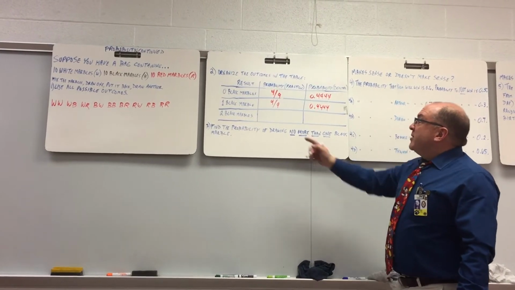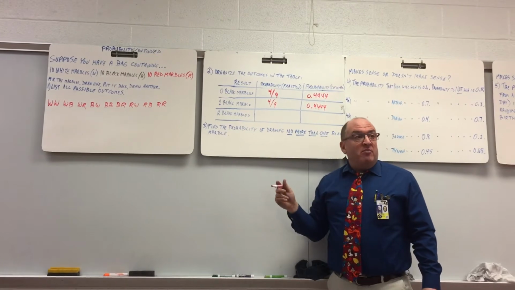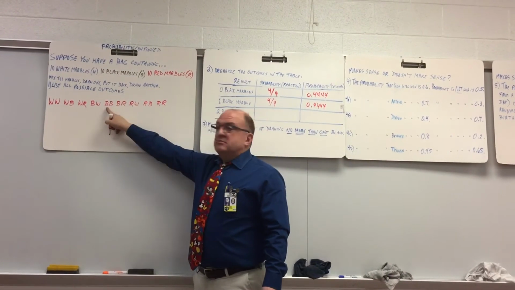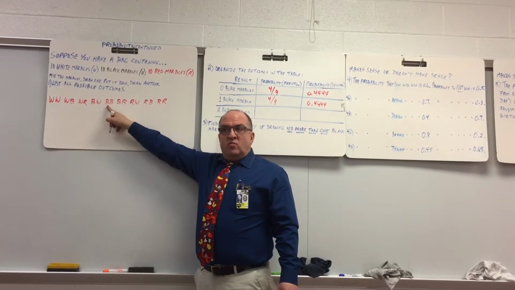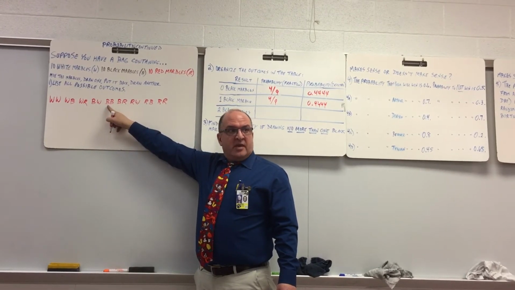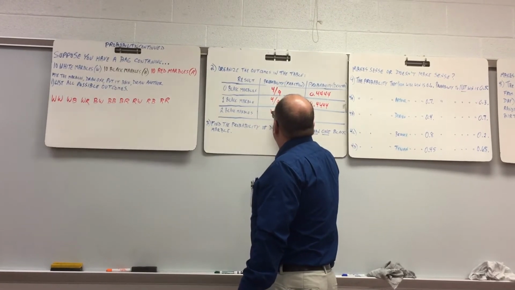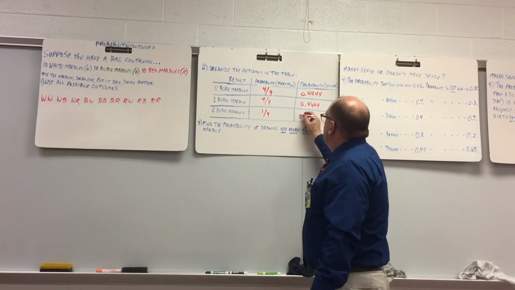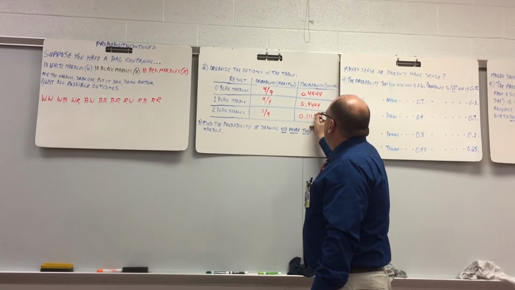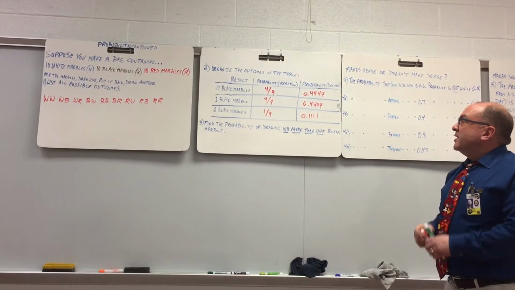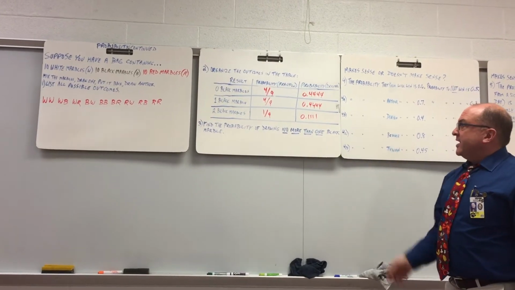Okay? What's the probability of 2 black marbles? 1, right? Out of 9. 1 out of 9. If you do 1 out of 9 on your calculator, you get 0.1111. Okay? And that's how you fill out that table.